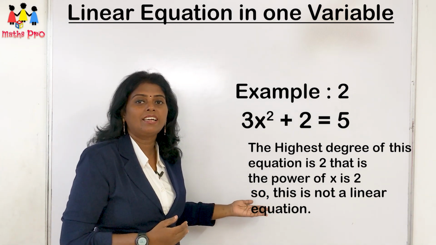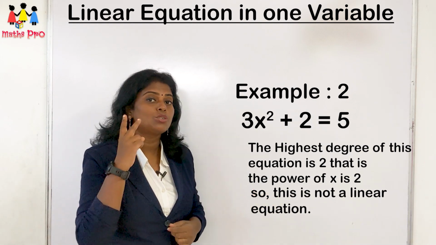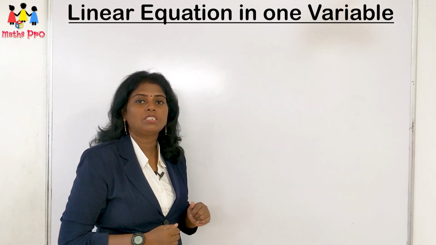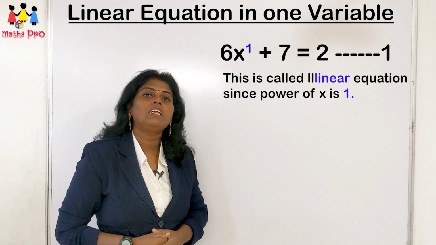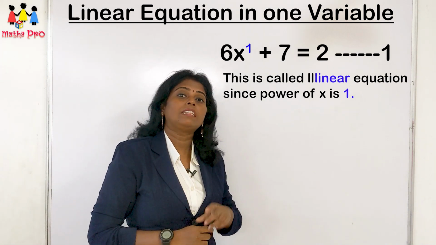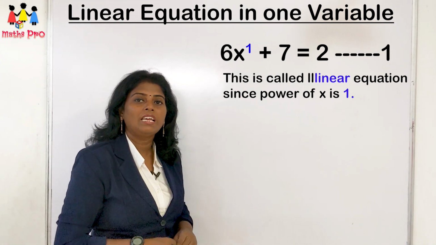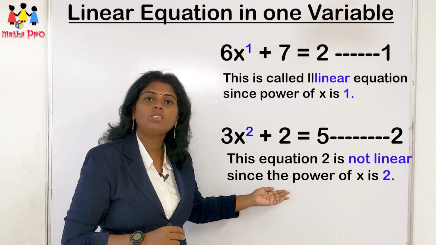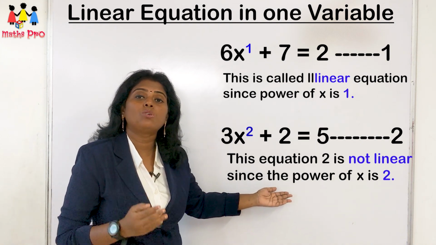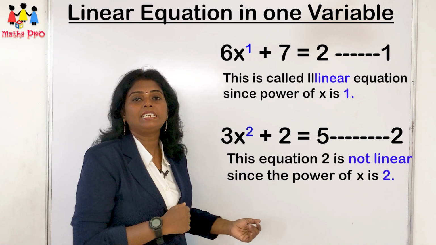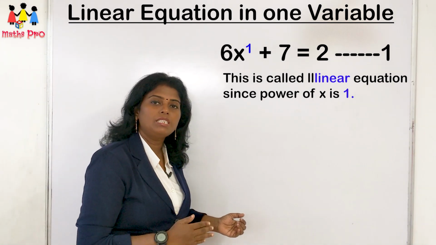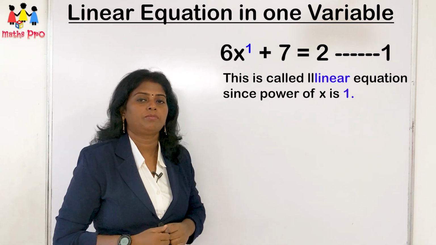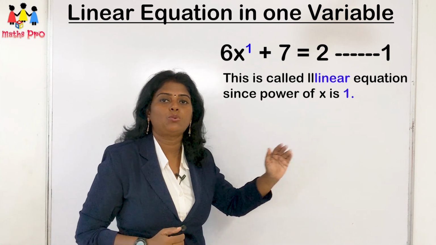The first equation is called a linear equation because its highest degree is 1, and the highest degree of the second equation is 2. So it may be called a quadratic equation, not a linear equation. In this session we are discussing only linear equations. Linear equation means the highest degree of the equation is 1.